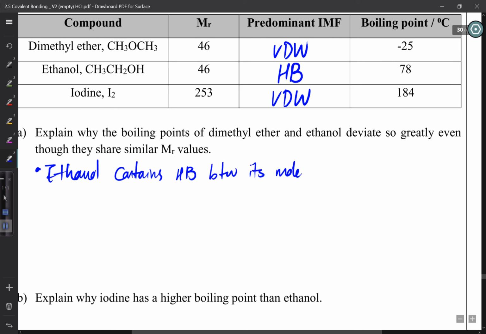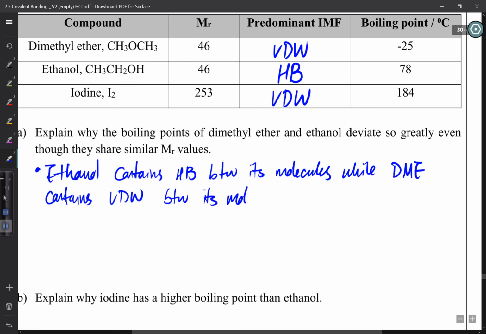You cannot say itself. Between its molecules means it interacts with other molecules of the same kind. While dimethyl ether, DME, contains van der Waals forces between its molecules.